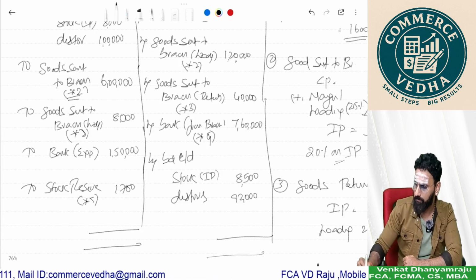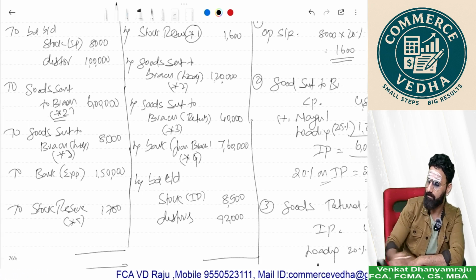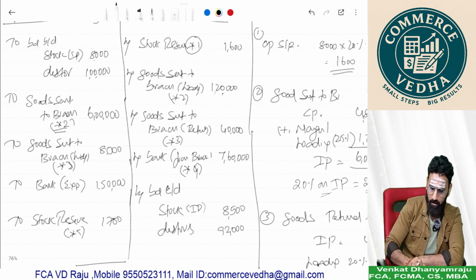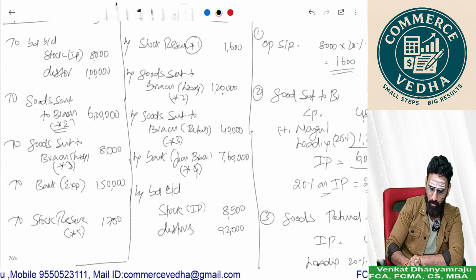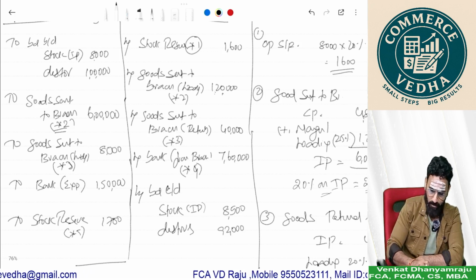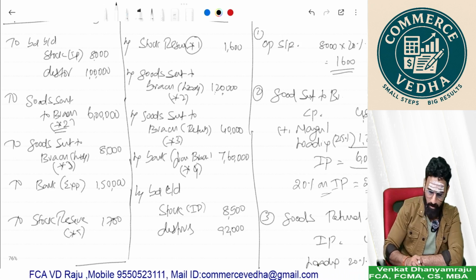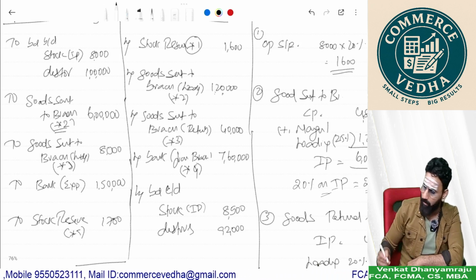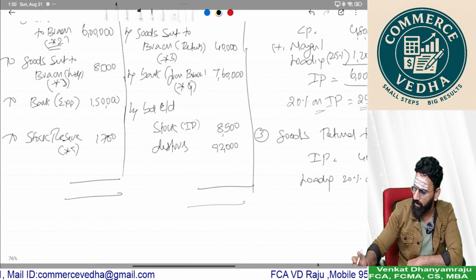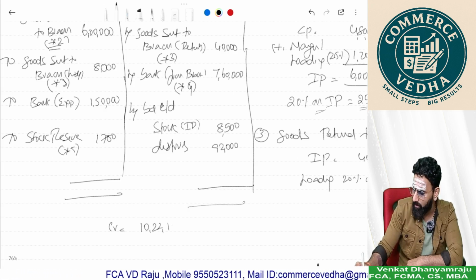prepare my account. What are my total credits? 1,600, 1,20,000, 40, 760, 85 and 92,000. My total credits are 10,22,100.